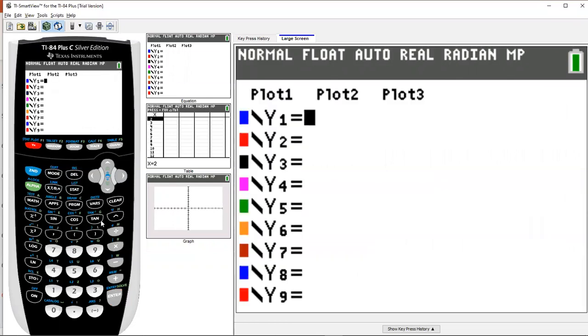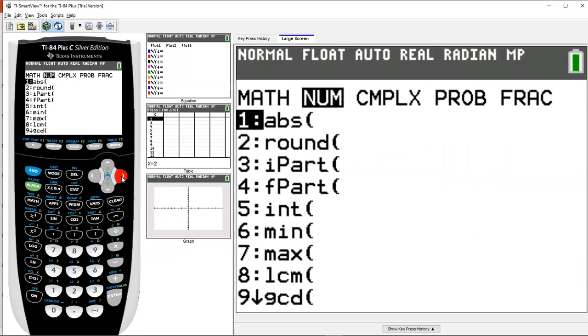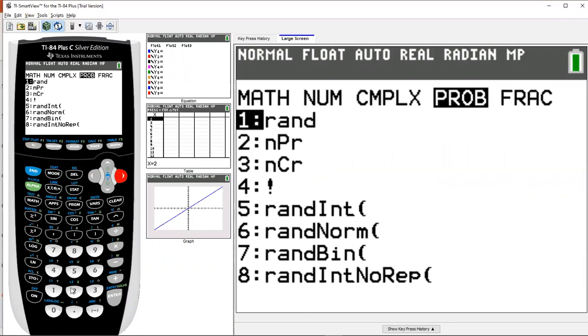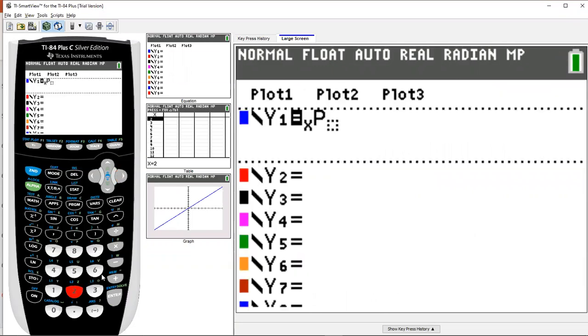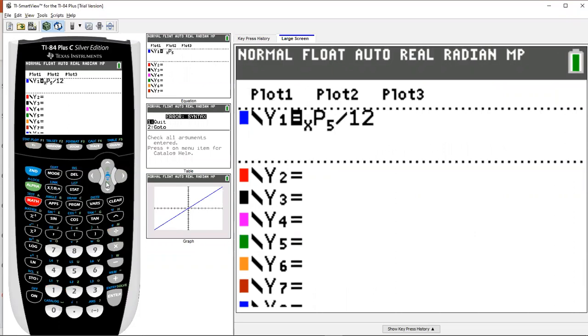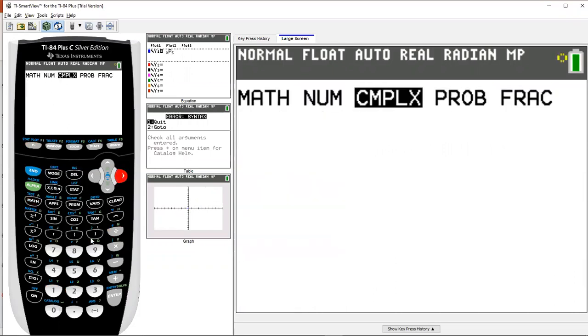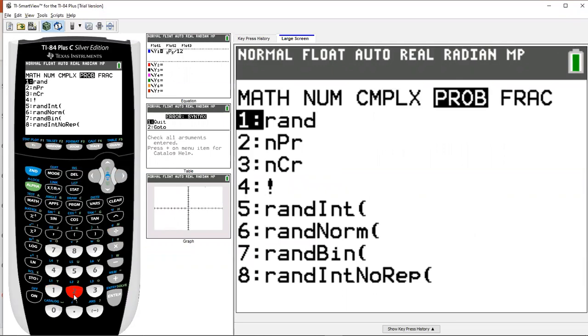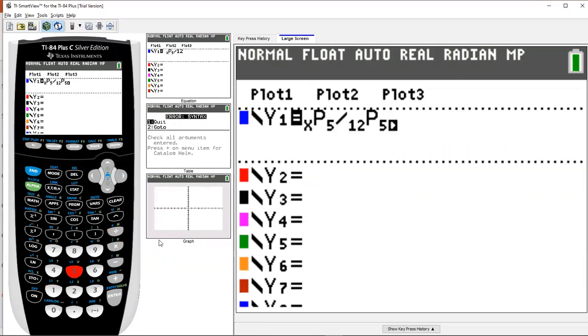Here's what we can do. We can go to the y equals menu and we can type in the following function. X, then do math and go over to probability where permutations are. So we can do x pick 5 for the first number and then divide by 12 pick 5 for the number we're going to divide by.